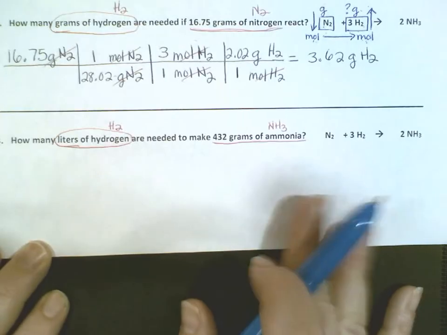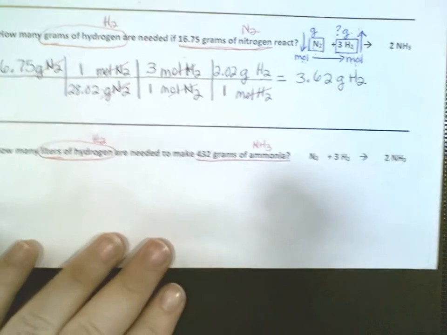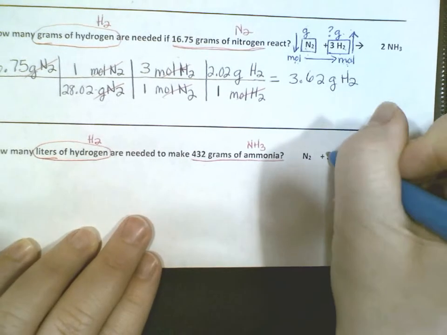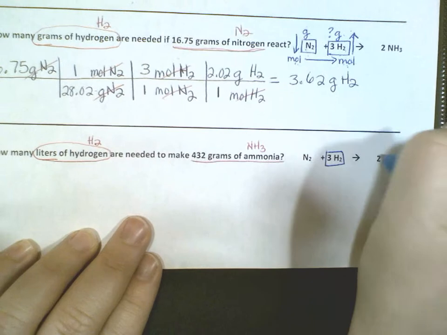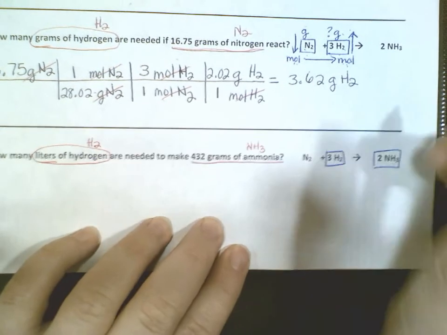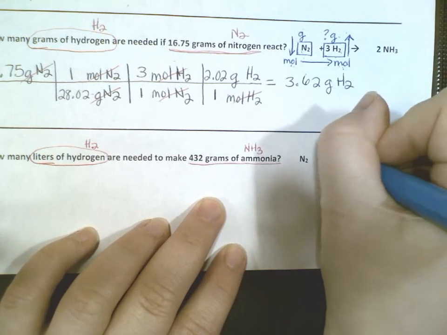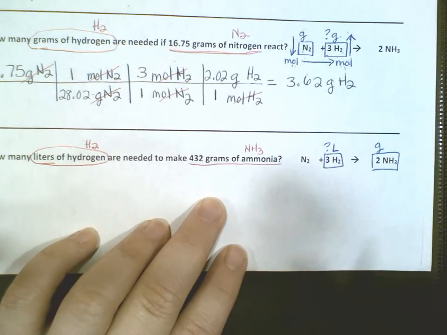Okay, so now we can set up our map. So the two chemicals we're looking at are hydrogen and ammonia. Those are the two we care about. We're starting with grams of ammonia. It's asking for liters of hydrogen. So again, we can't jump from house to house.